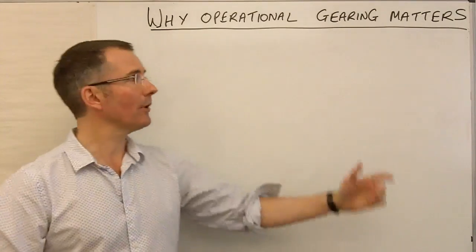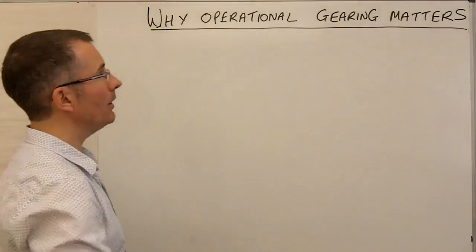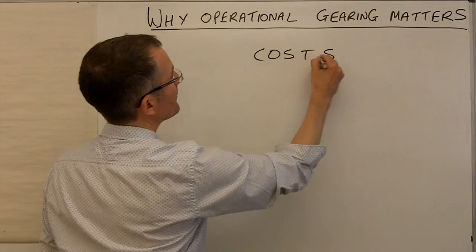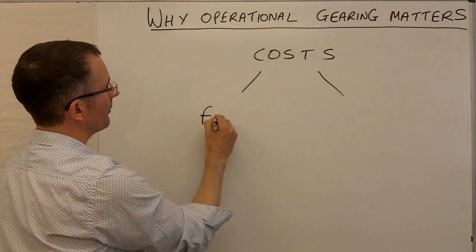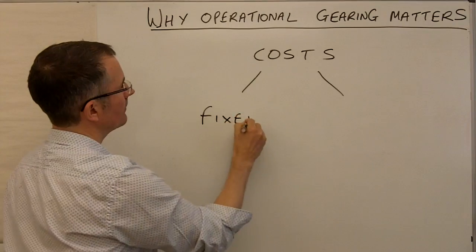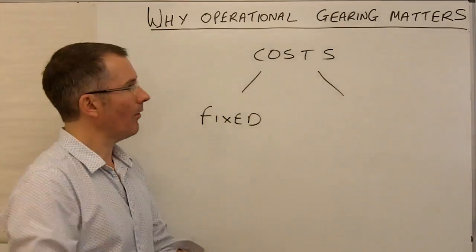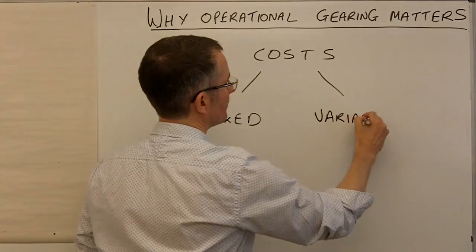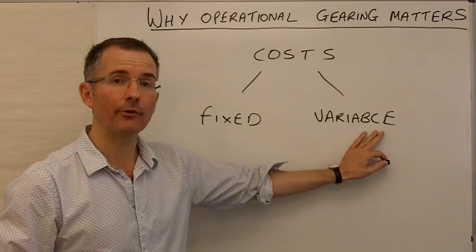Now, operational gearing deals with costs, and as a firm, you can split your costs into two types. On the one hand, you've got fixed costs, the costs that don't vary with sales. On the other hand, you've got what are called variable costs. These are the ones that do vary with sales.